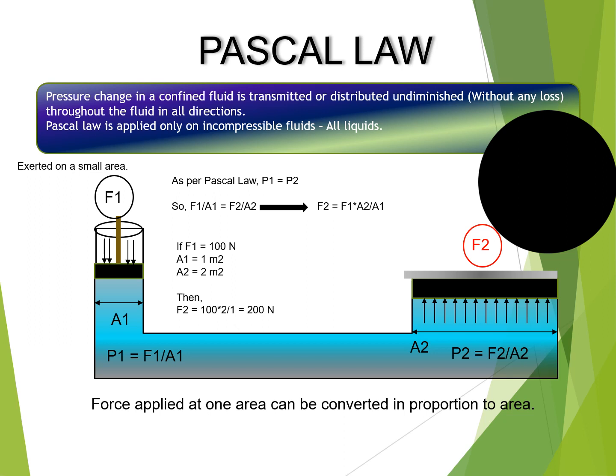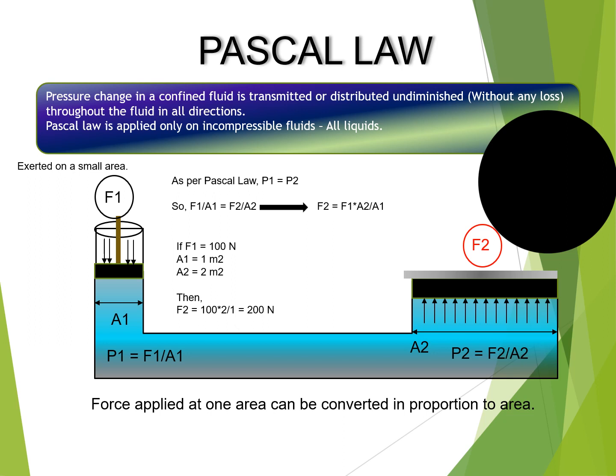Now if you just see, what is P1? P1 is force upon area, F1 upon A1. And here, if force is F2 and area is A2, the pressure will be F2 upon A2. For convenience, let's say it is P2.